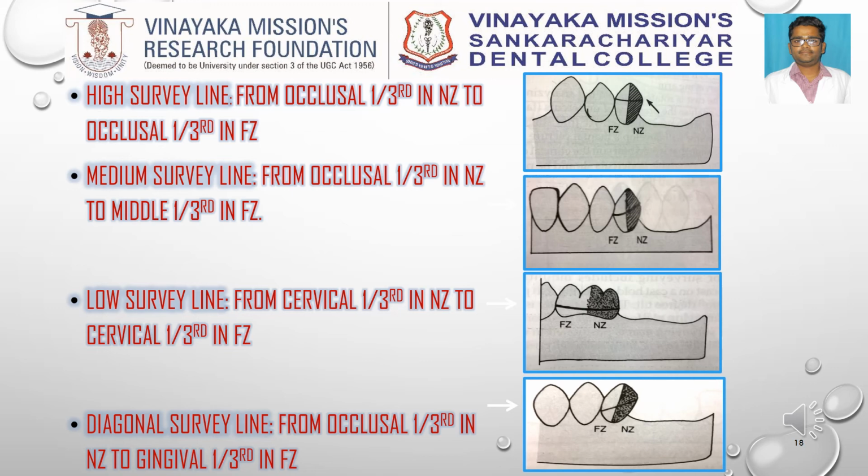The medium survey line runs from occlusal 1/3 in the near zone to middle 1/3 in the far zone. The low survey line runs from cervical 1/3 in the near zone to cervical 1/3 in the far zone. A diagonal survey line runs from occlusal 1/3 in the near zone to gingival 1/3 in the far zone.